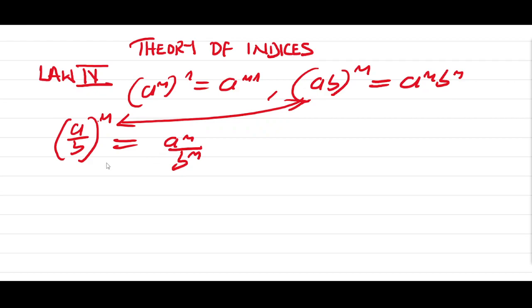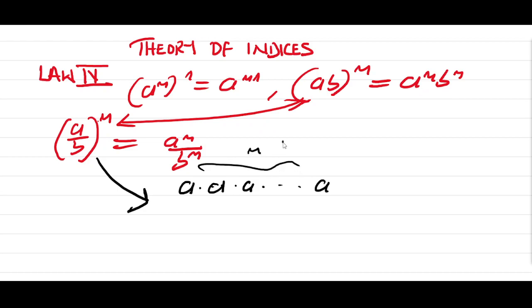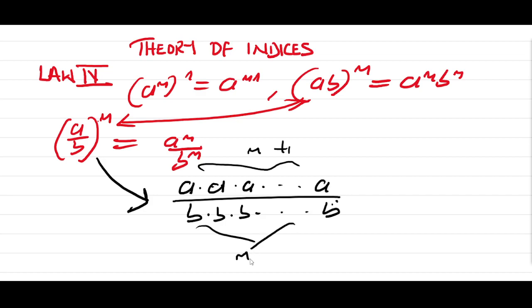Well, if you use the definition, this is A multiplying by itself M times, and then all over B, B, B, and B also M times.